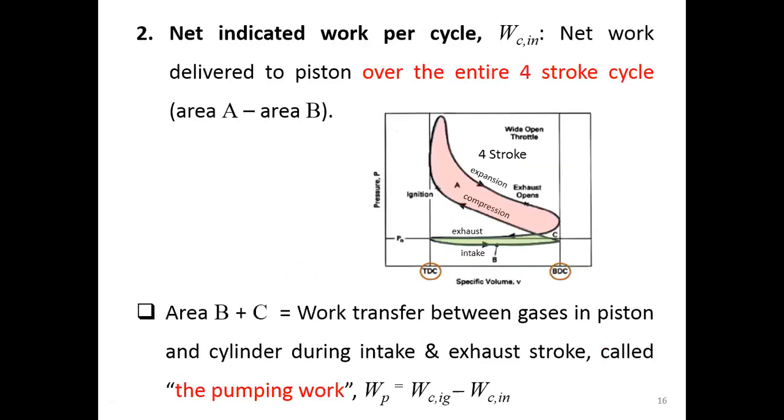Okay. The second definition is the net indicated work per cycle. When we talk about the net, you have to think about something that we get after we pay for it.